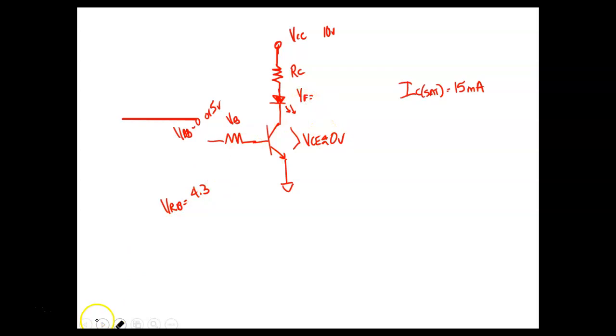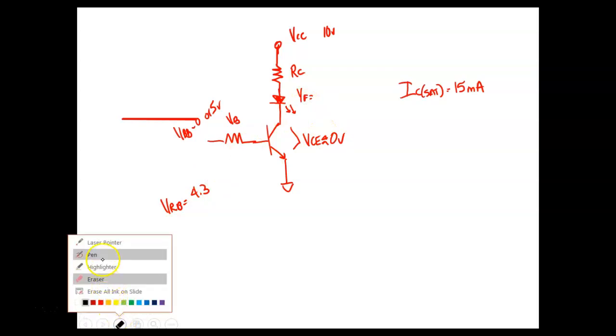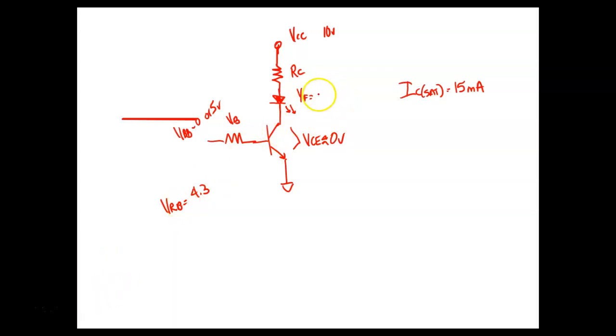So for a rule of thumb, if you don't know the VF of an LED, we usually use 2 volts, and that's going to be at a current. The current that I said was 15 milliamps. So what size RC should we use?